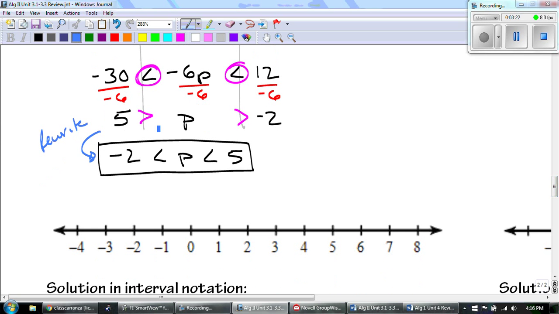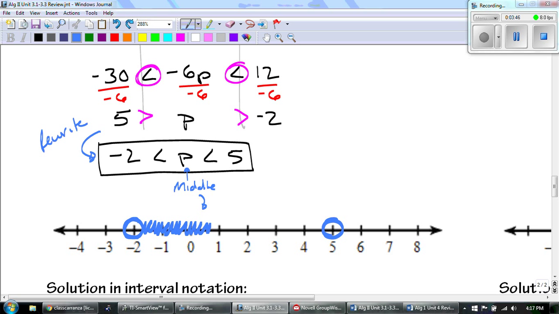Now, we talked about how if the p is in the middle, I'm going to be shading the middle. So let's go through and do it. At negative 2, we're open. At 5, we are, oh, we're not closed, Mr. Grice. We're open. Just making sure you guys are paying attention.